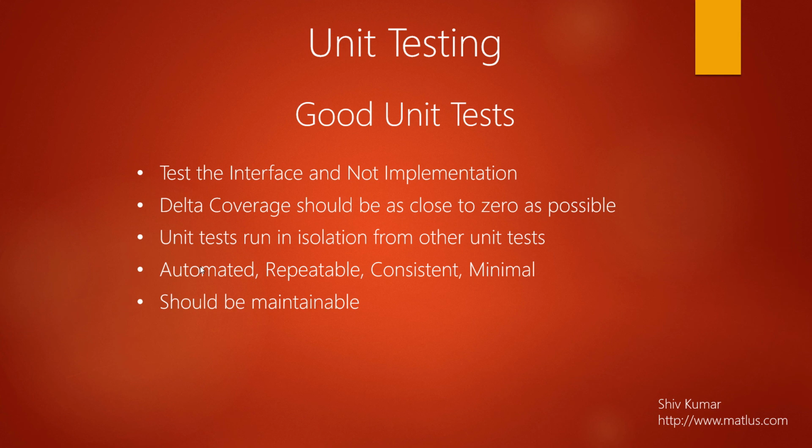Minimal is kind of talking back to the delta coverage bullet earlier. In the same way, what it means is that you need to be cautious that you don't want to write too many tests. You only want to write as many as are required.